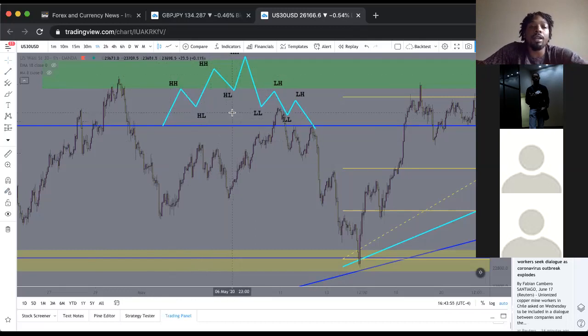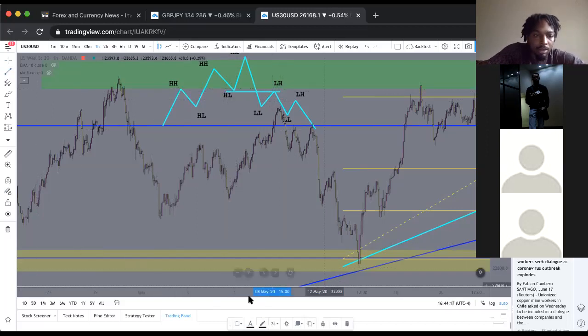So the next thing you want to look for is where would your tested points be, right? Because we know what makes an uptrend: higher highs and higher lows. An uptrend cannot be broken until a higher low point is broken, right? And that's where we would have our break of structure happen. I'm gonna make that a different color.